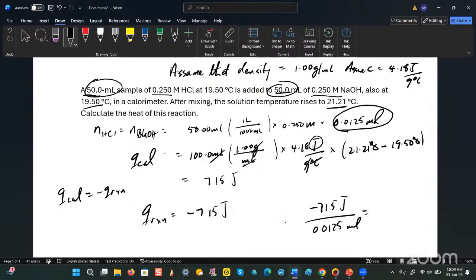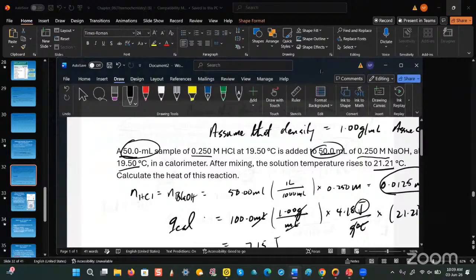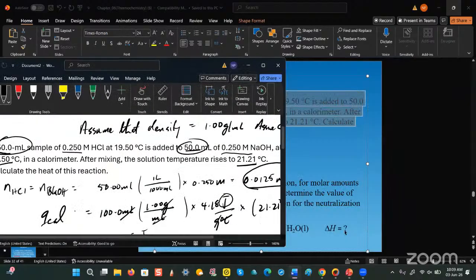So 715 divided by 0.0125. According to my calculation, when rounded to 3 sig figs, you're going to get 5.72 times 10 to the 4, I'm sorry, and joules per mole would be the units. So this number should be written where it says delta H equal.